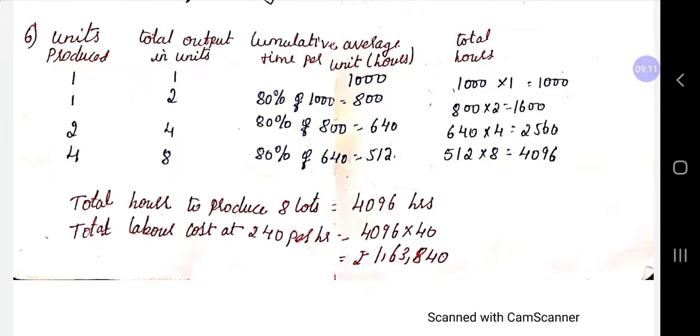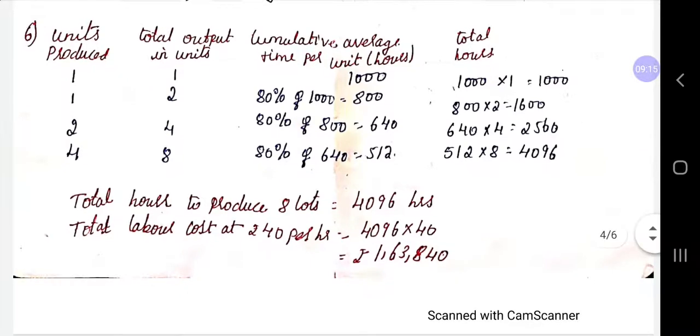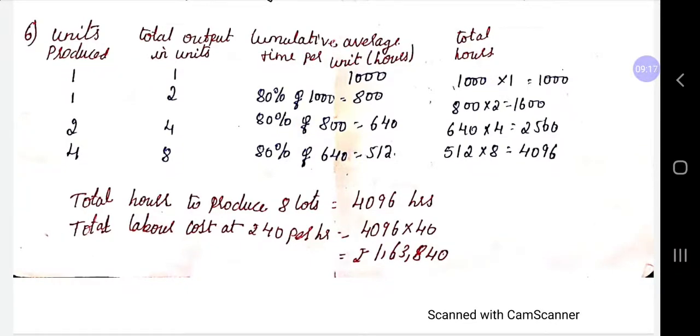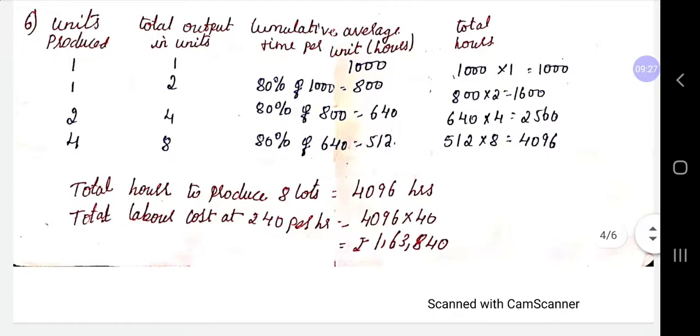They are giving an 80 percent cumulative average. So 80 percent of 1000 you will get 800. Total hours is 800 into 2, you will get 1600. Next, the total output in units: 1 plus 1 is 2, 2 plus 2 is 4.